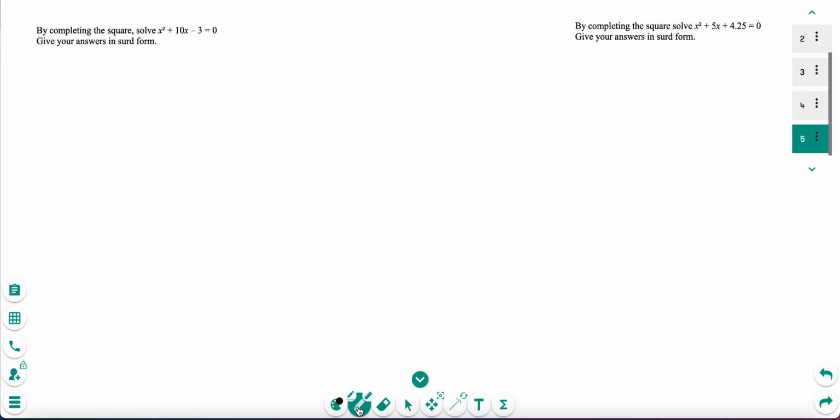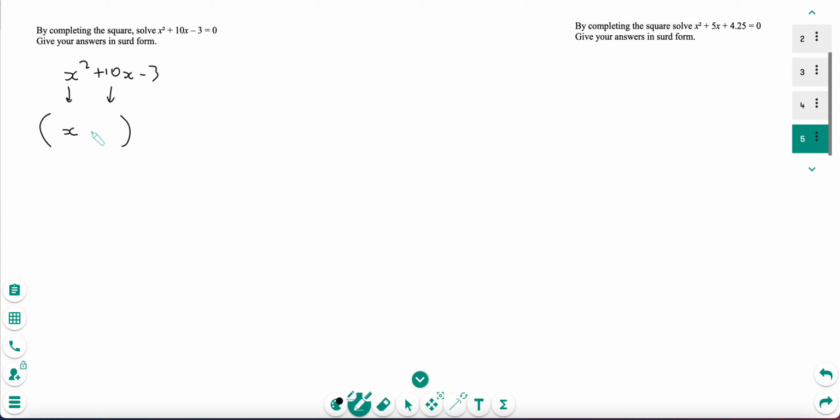Here, by completing the square, solve x squared plus 10x minus 3 equals 0. Give your answer in surd form. Well, step 1, we'll complete the square. So x squared plus 10x minus 3. So boom, I'll grab one of these x's.